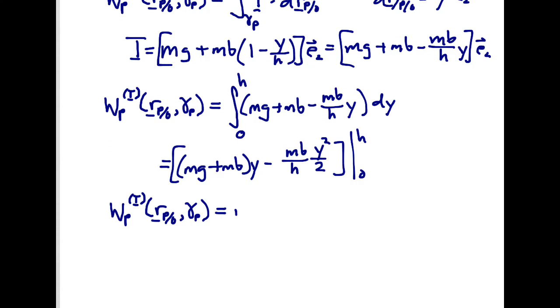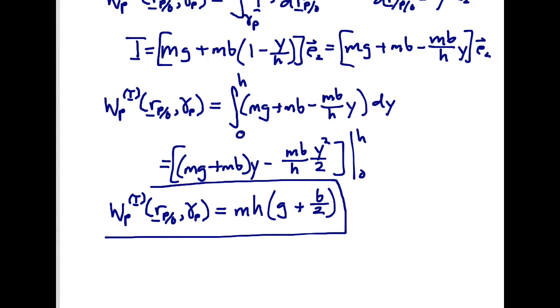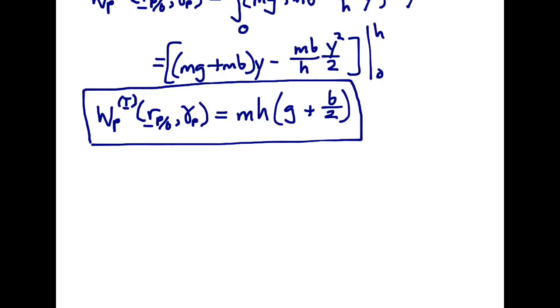And then by doing the algebra, we get our final quantity of mh times g plus b over 2. And so here's our scalar value for the work done on particle P along the path gamma P, which is simply a vertical line in this case.